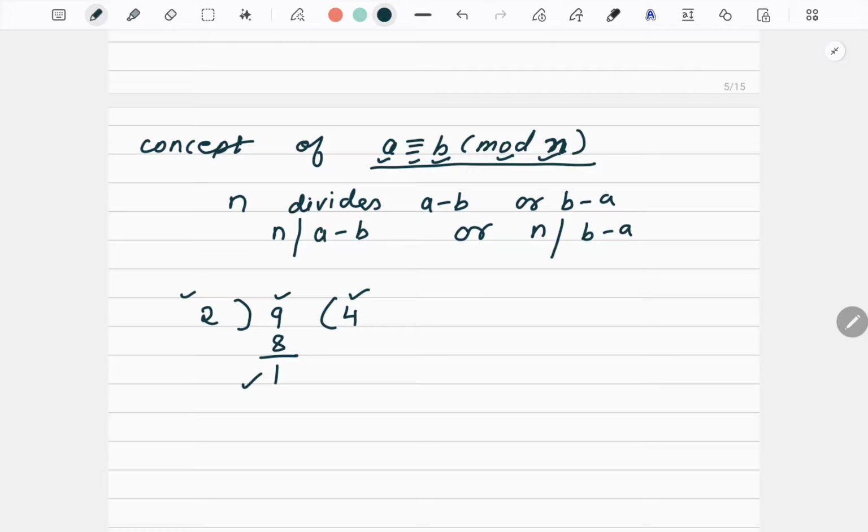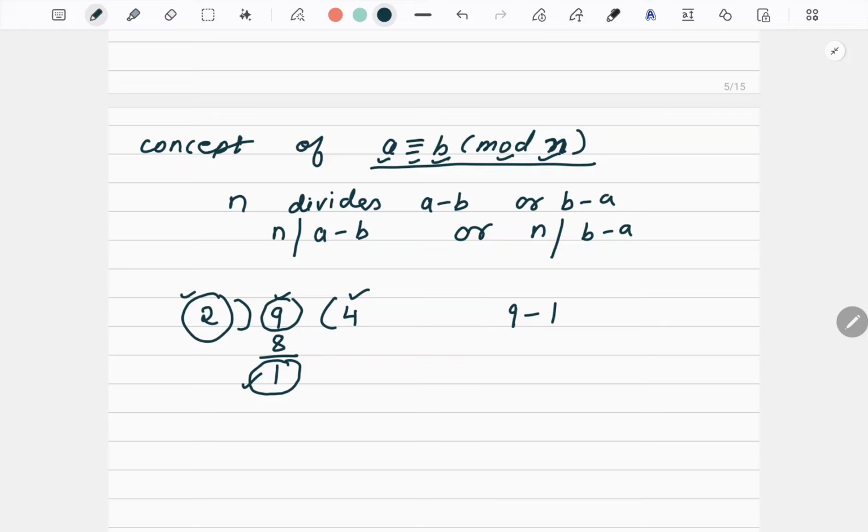Now, if you observe this very carefully, if from the dividend 9 you subtract the remainder, 9 minus 1, then it will be divisible by the divisor.